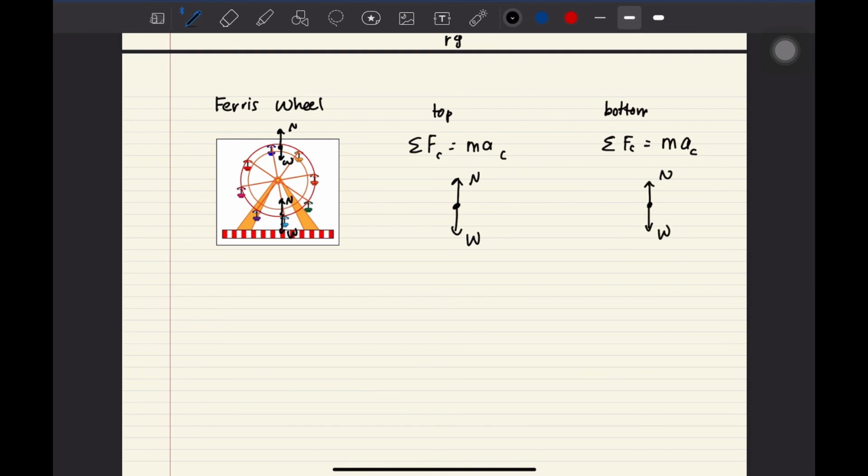At the top, the acceleration will be pointing downwards towards the center. At the bottom, the acceleration will be pointing upwards. So the difference comes when you substitute into this equation. Like I told you before, follow the direction of acceleration, minus the opposite direction, equals mv squared over r. So in this case it will be N minus weight equals mv squared over r.